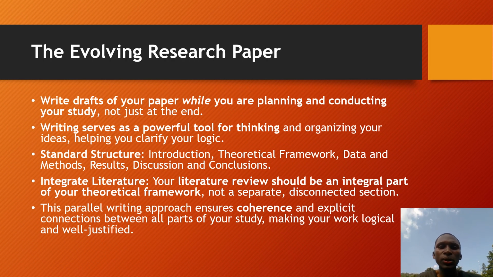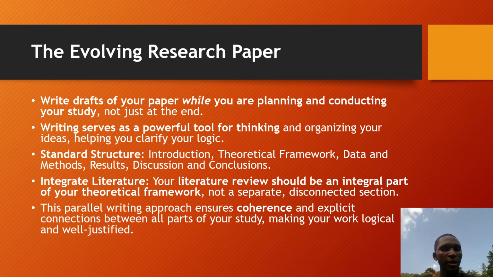Then integrate your literature. Your literature review should be an integral part of your theoretical framework, not a separate or disconnected section. As I have been mentioning again and again, your literature review is a key part, and my advice again, ensure you have a minimum of 40 research papers, up to 50.